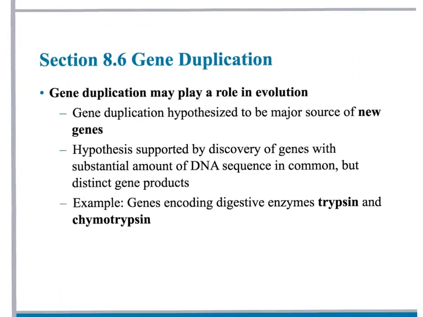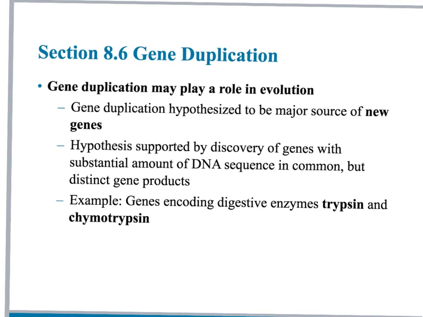And then gene duplication may play a role in evolution. Gene duplication is hypothesized to be a major source of new genes. The hypothesis was supported by the discovery of genes with substantial amounts of DNA sequence in common, but distinct gene products.